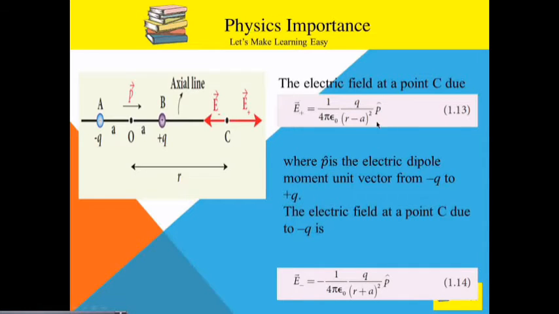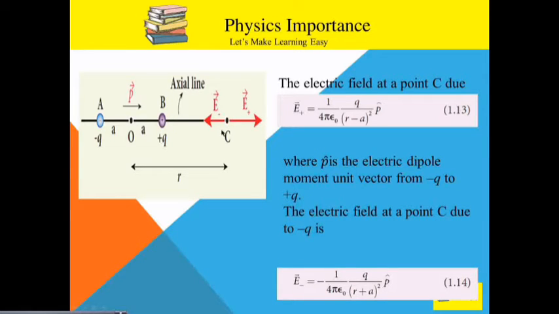And here we have to mention P cap. P cap is the dipole moment and the direction is always from minus q to plus q. Here this is minus q and this is plus q, so the direction is from here to here. This is the direction of the electric dipole moment.